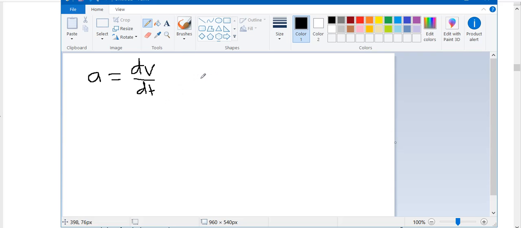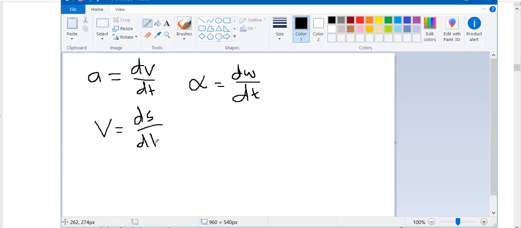Same thing for angular, we can write alpha equals d omega divided by dt. Same pattern. For linear, we write v equals ds by dt.